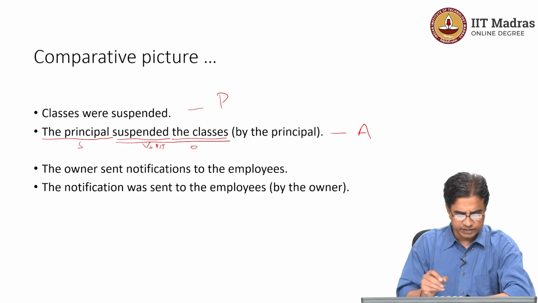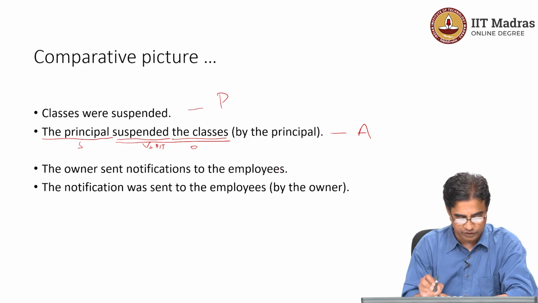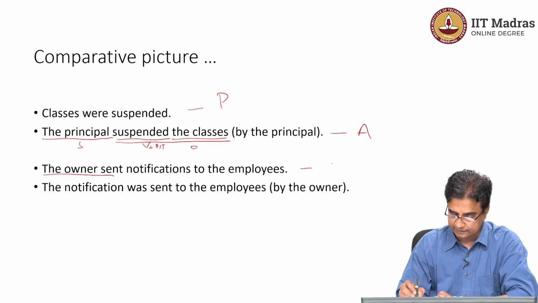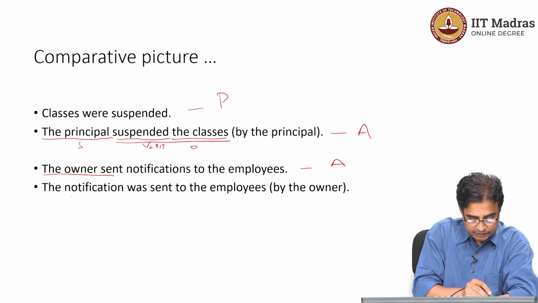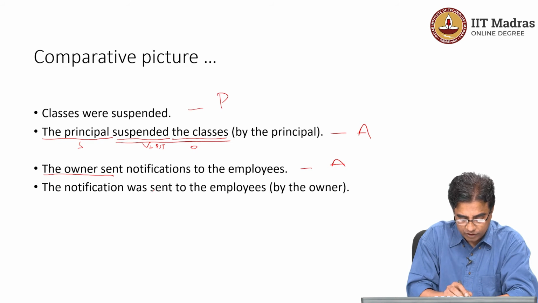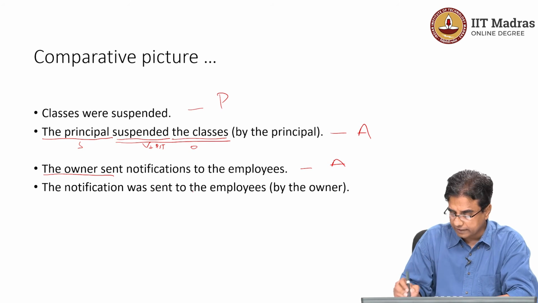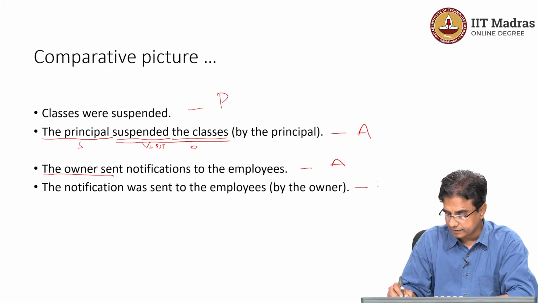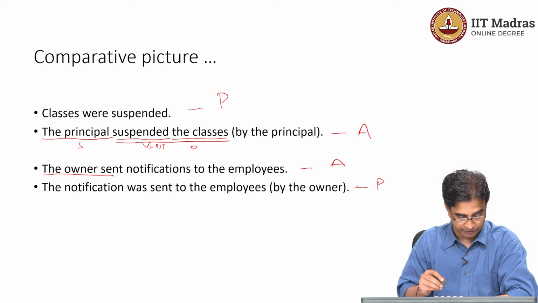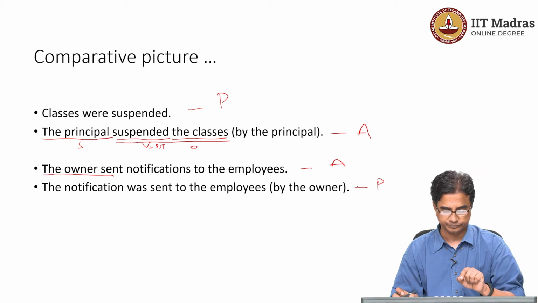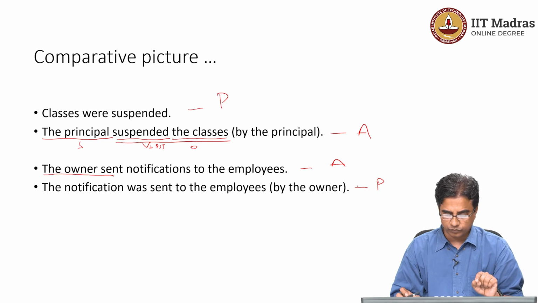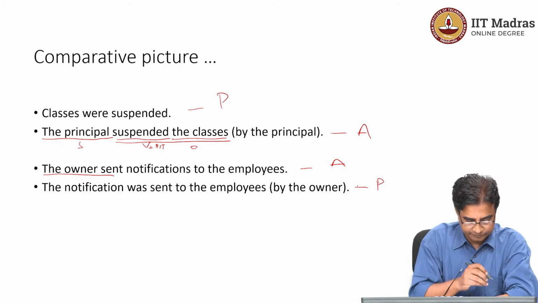Same thing, "the owner sent notifications to the employees." This is the active sentence, and "the notifications were sent to the employees" is the passive counterpart. So what is happening here is the following.